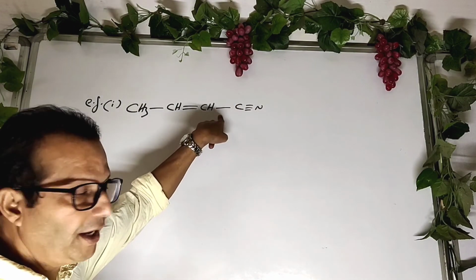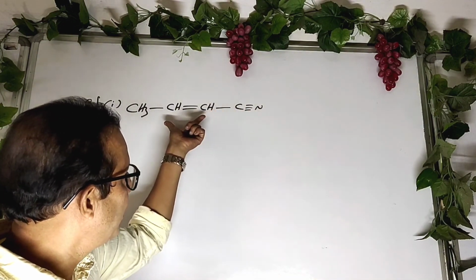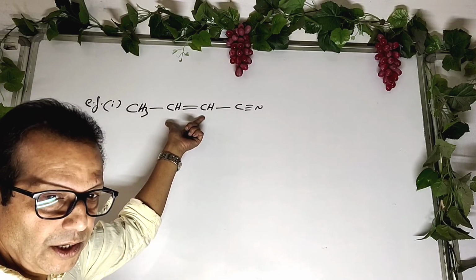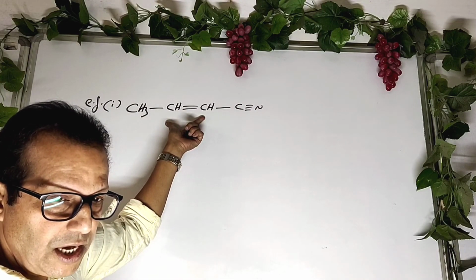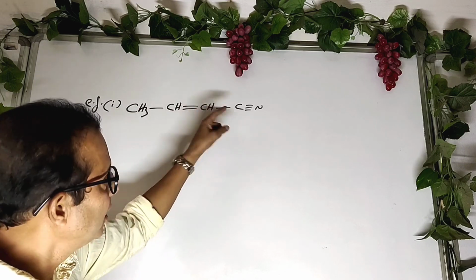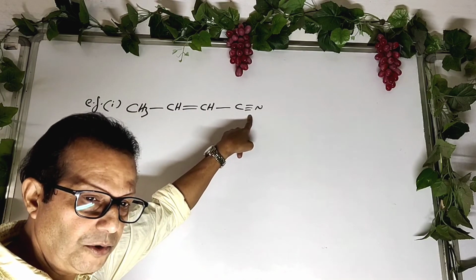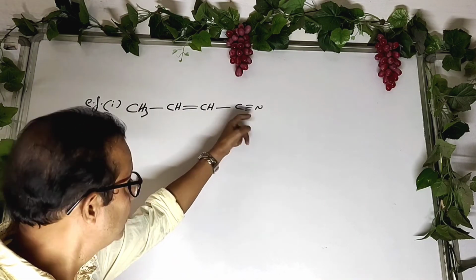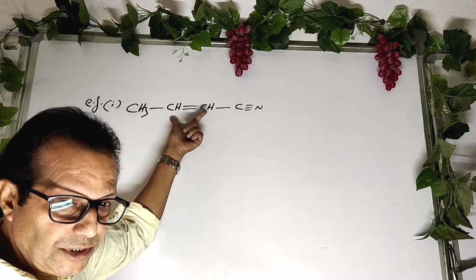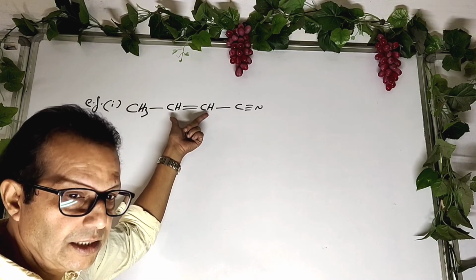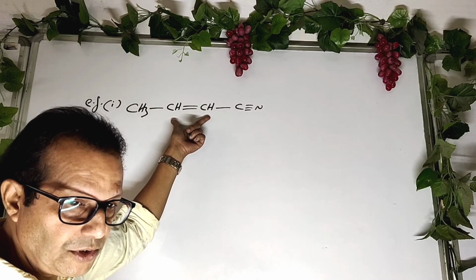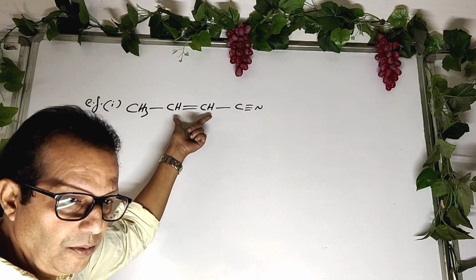This compound contains one cyano group and one double bond. If you use lithium aluminium hydride, it reduces the cyano group to aldehyde, but it also reduces the alkene. That's why we cannot use lithium aluminium hydride here.